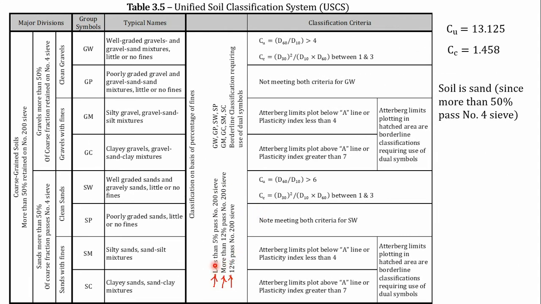Sinabi dito that less than 5% pass the number 200 sieve. Kapag sinabing less than 5%, it should be less than 5% or pwedeng 4%, 3%, 2%, 1%, or 0. Since yung percent passing ng sieve number 200 in soil A natin is 4% and that is less than 5%, therefore, dito siya nabilong, class.